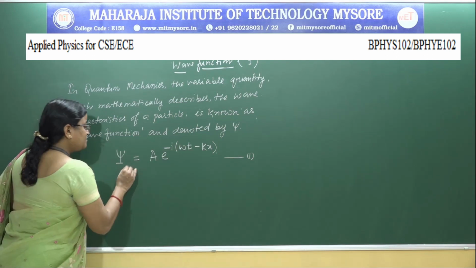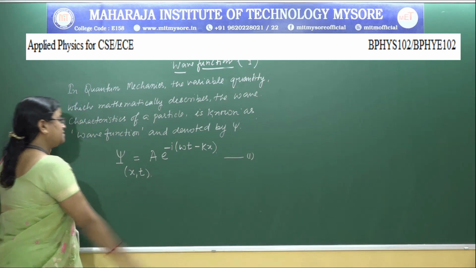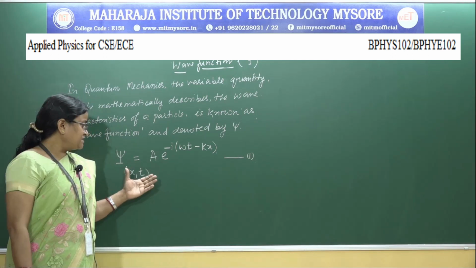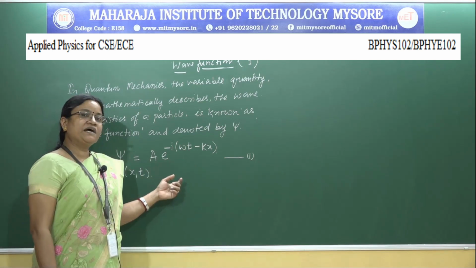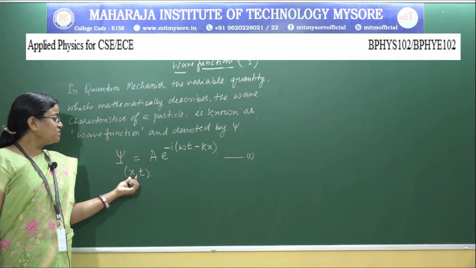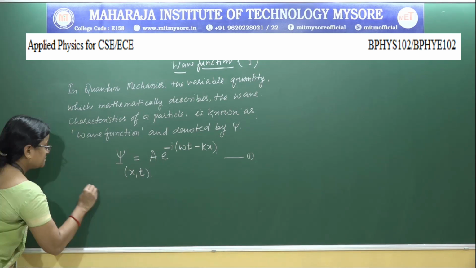Psi is a function of both the position and the time. How can we define psi? Psi gives the probability of finding the particle at a particular position at a particular instant of time t.